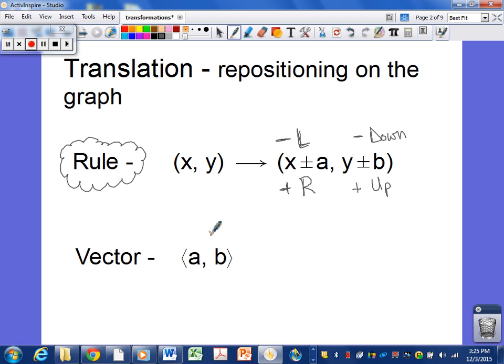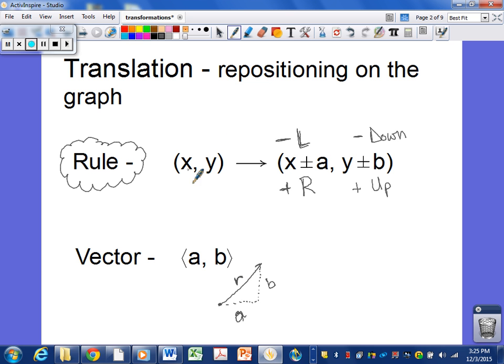That's how you can tell that the translation is given by a vector. So if this is our point, we're going to move it some distance A in the x direction, say this is positive, and some distance vertically, B units. A is your x distance traveled, B is your y distance traveled, and this is your resultant vector, like this.